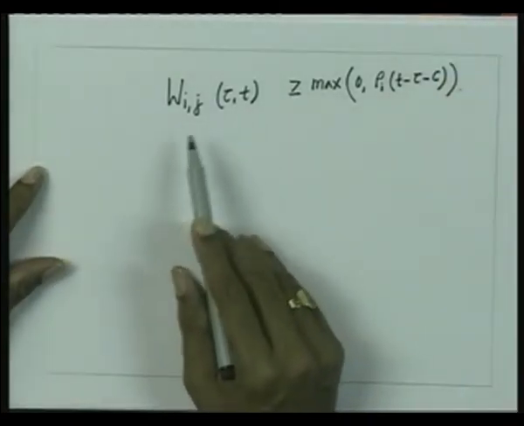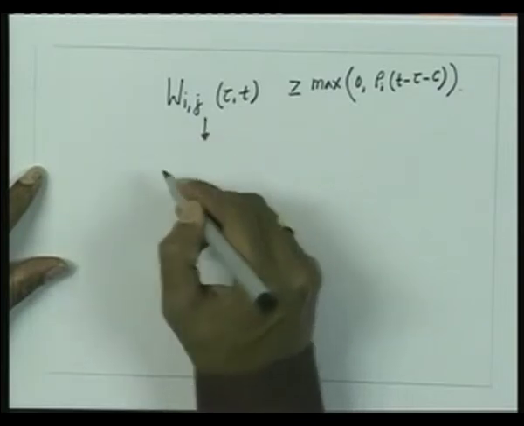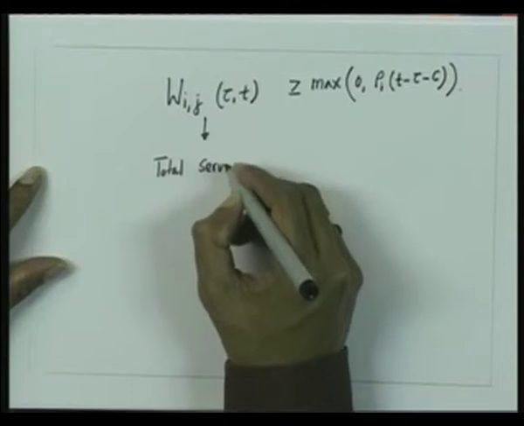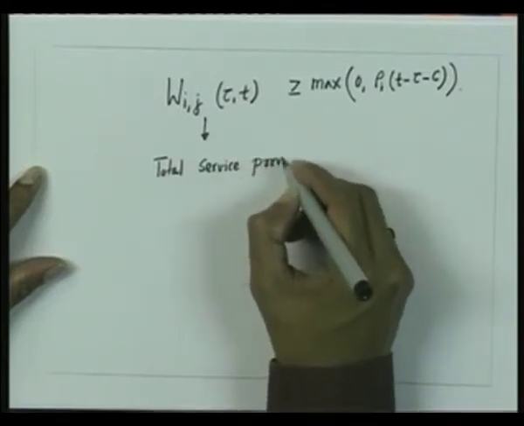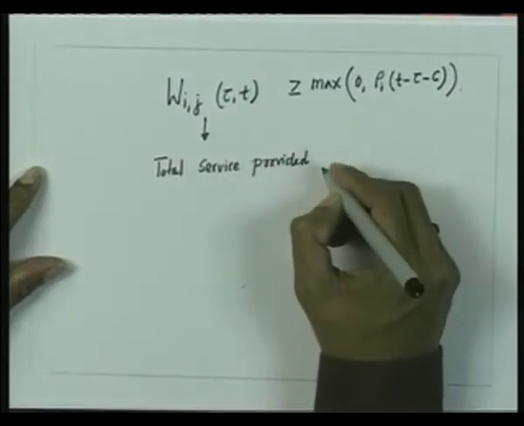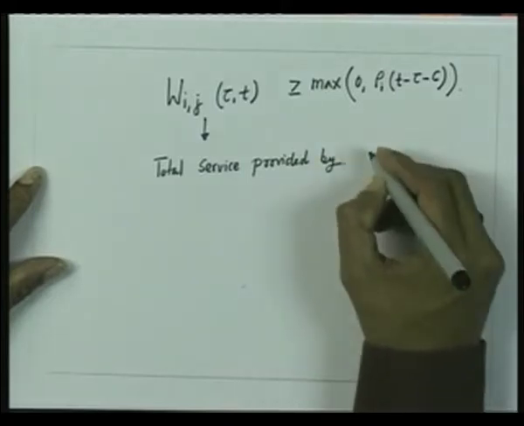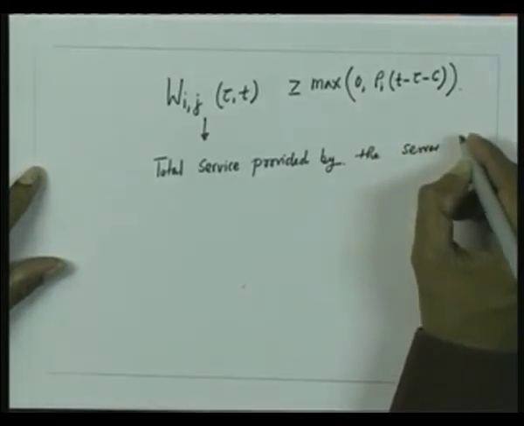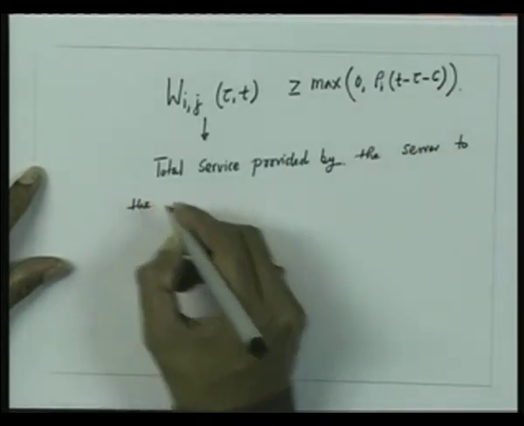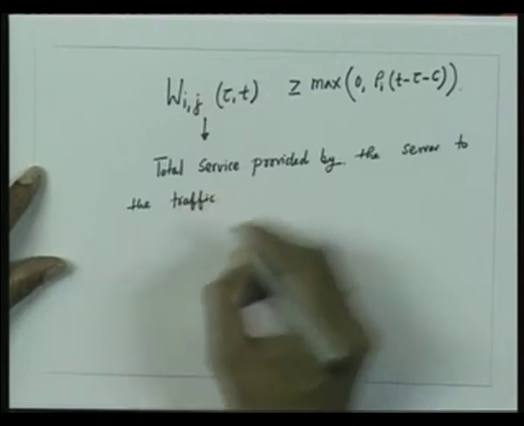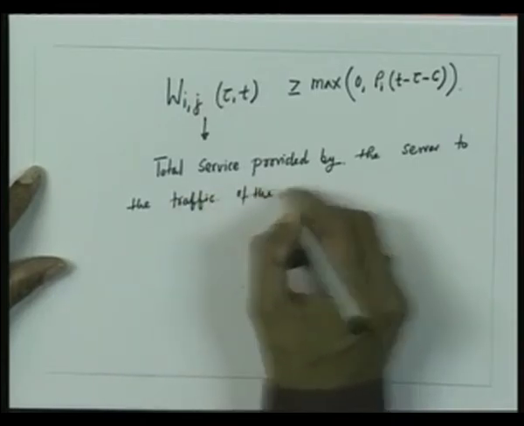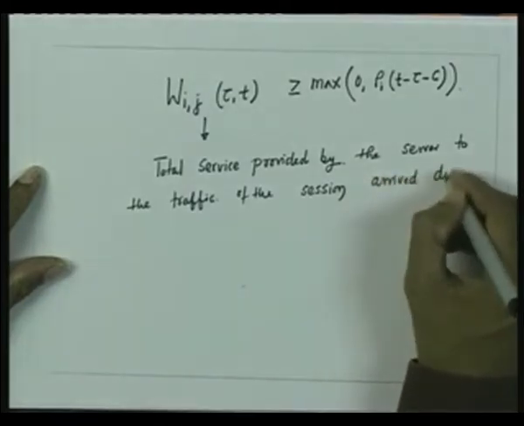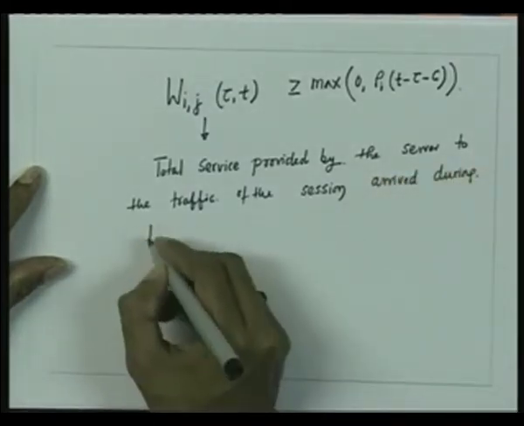Now this gives you the total service provided by the server to the traffic of the session that arrived during the jth busy period.